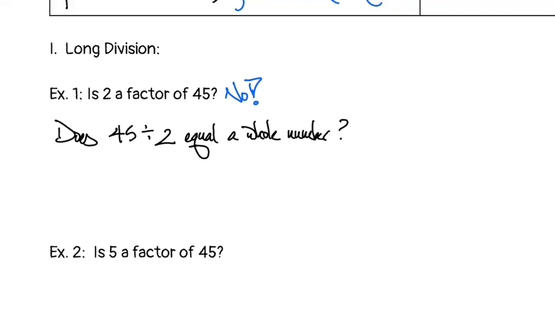Right? Maybe that's a different way to frame it. Does 45 divided by 2 equal a whole number, or is there a remainder? So we're sort of asking ourselves those two questions.